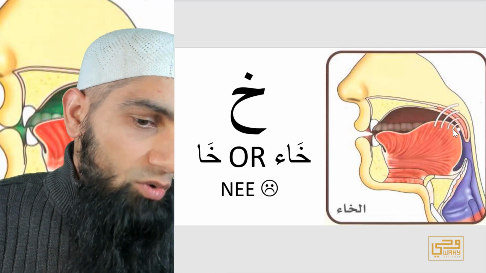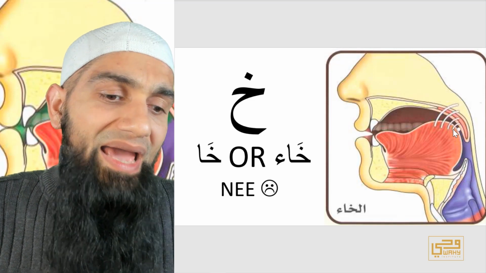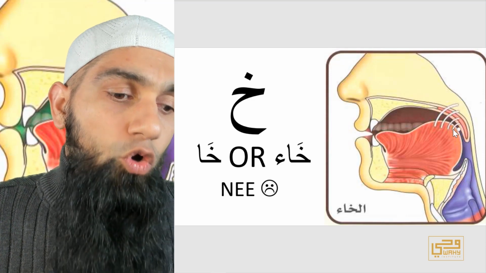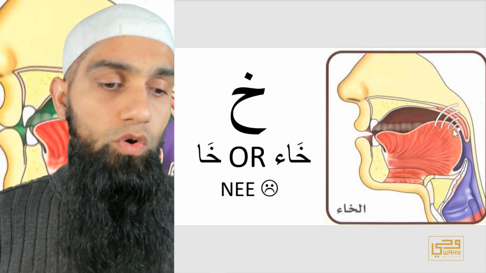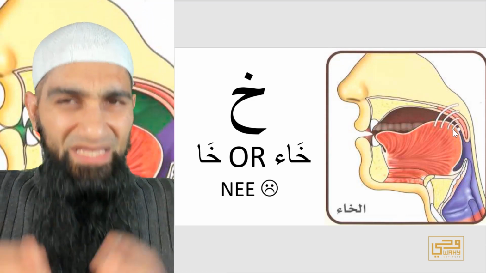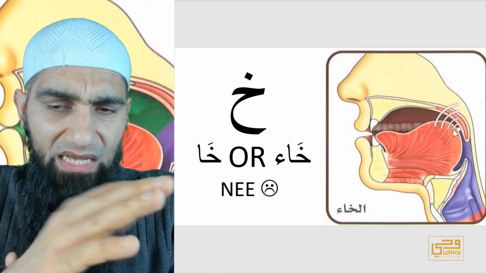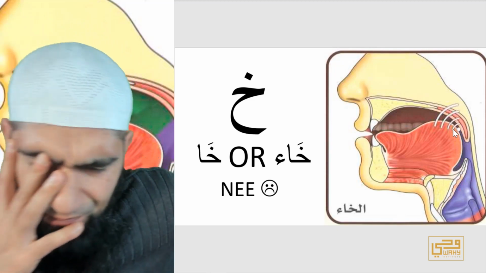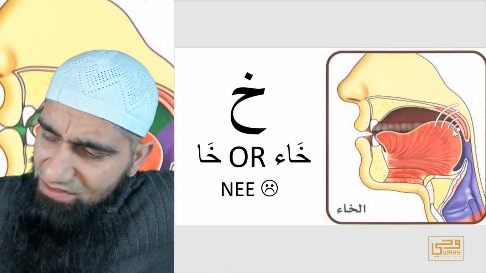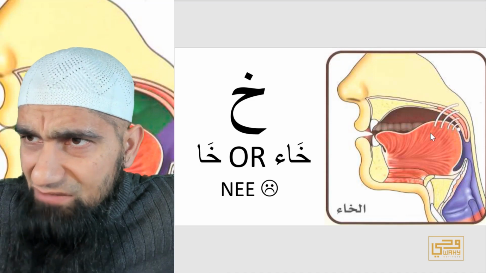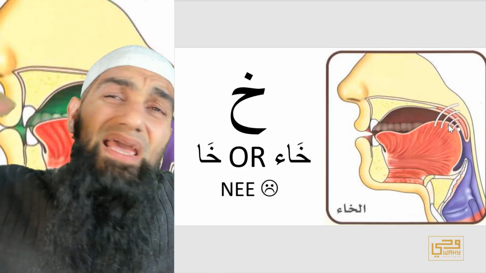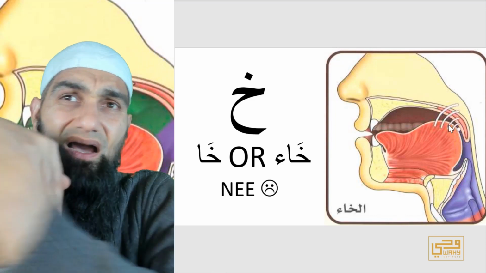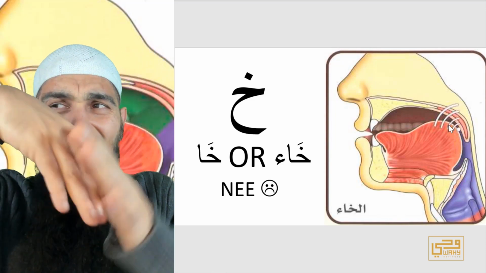Now this is from حروف الرخاوة, and it is also from حروف الهمز, and it is also from حروف الاستعلاء. So where does the heaviness come from? If you look at the back of the tongue here, the back of the tongue is raised to the place of Kha, and that is important.